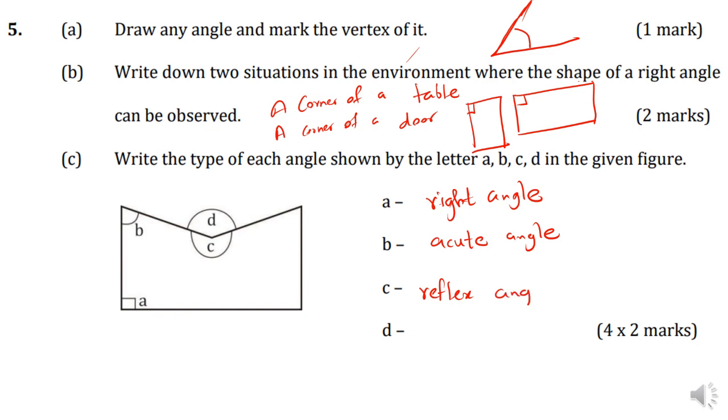Reflex angle means higher than a straight angle. D is an obtuse angle. So these are the types of angles you can observe in this figure, right?